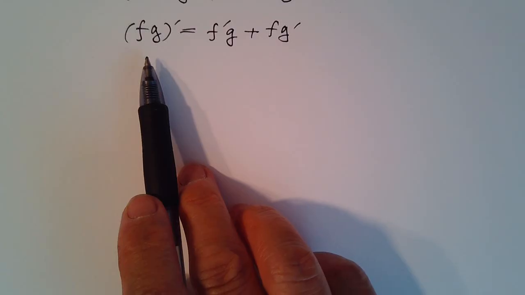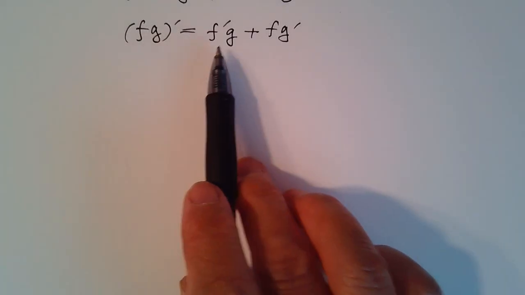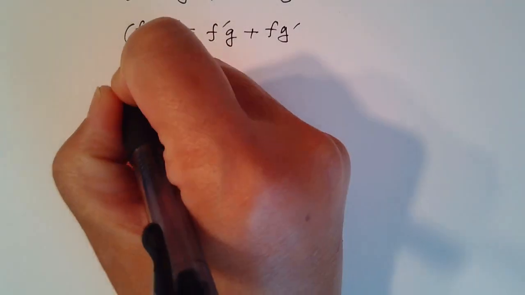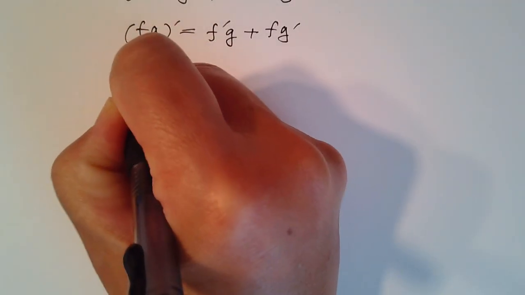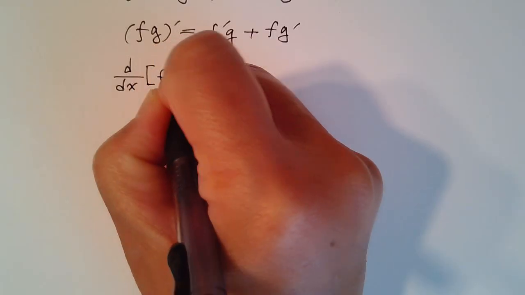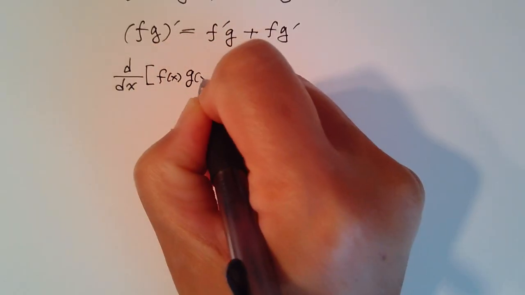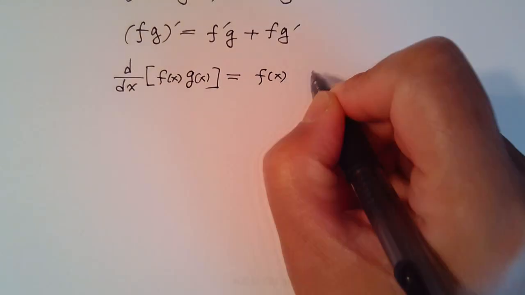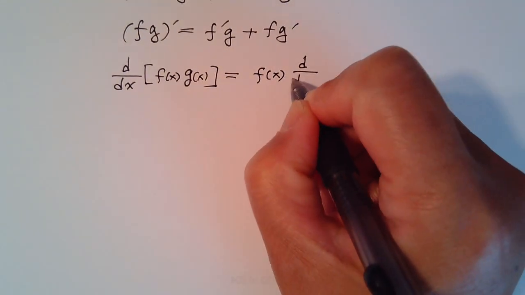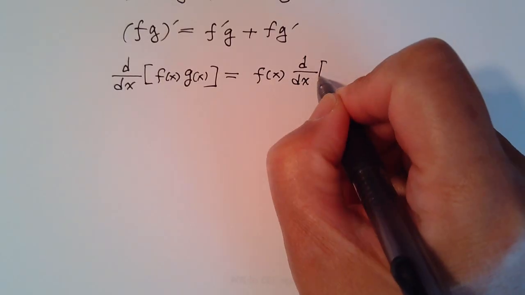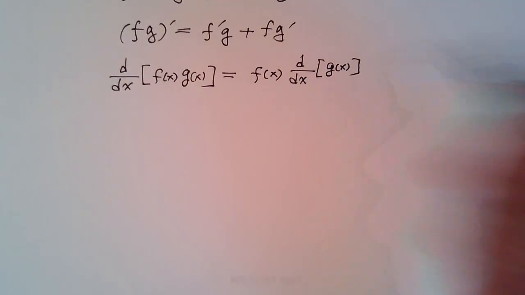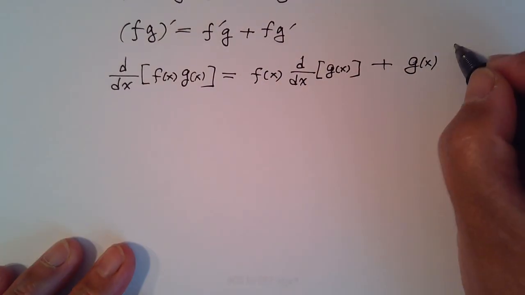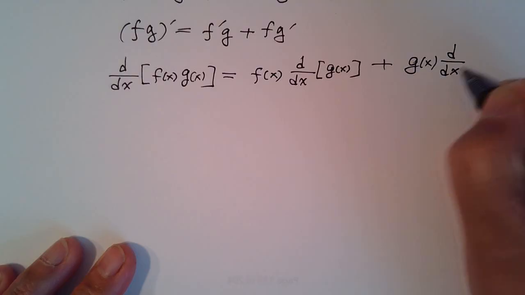The product rule: (fg)' = f'g + fg'. You can also write d/dx of f(x) times g(x), the derivative of that, which is f(x) d/dx g(x) plus g(x) d/dx f(x). There are so many different ways to write that, but whatever you like.